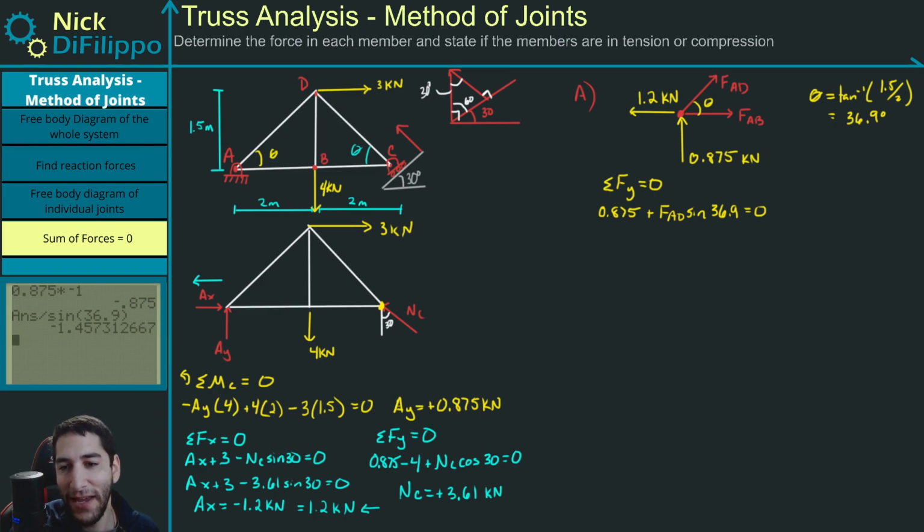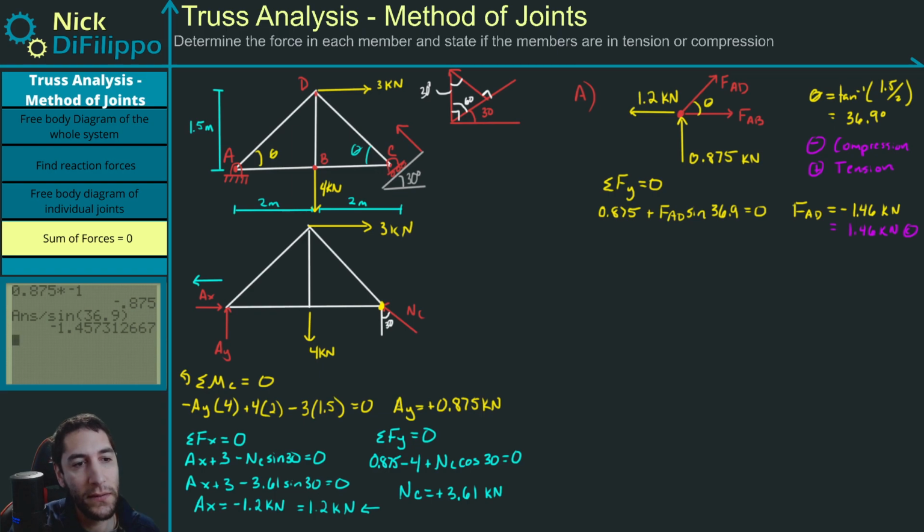And I get FAD is equal to minus 1.46 kilonewtons. A minus sign means compression. A plus sign means we were correct and it's in tension. So a minus sign means this is equal to 1.46 kilonewtons in compression. Now we don't do anything with that right now. We just note that it's in compression.